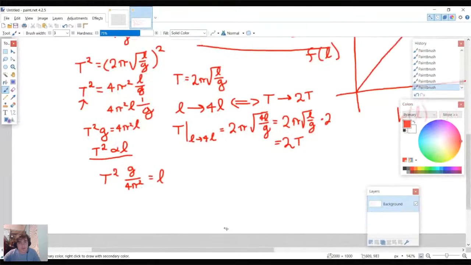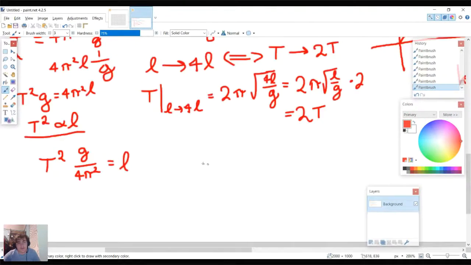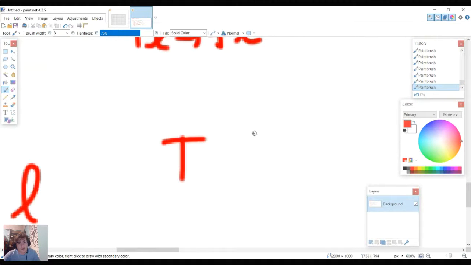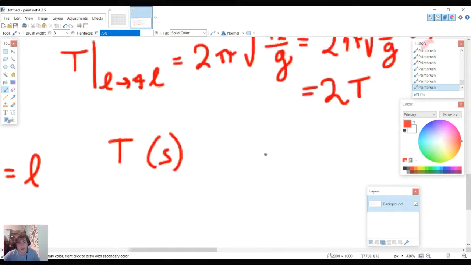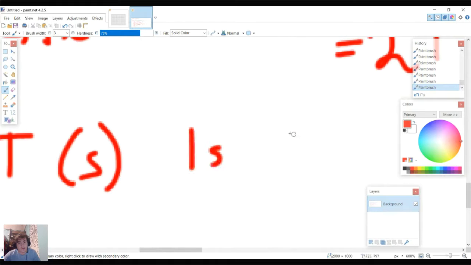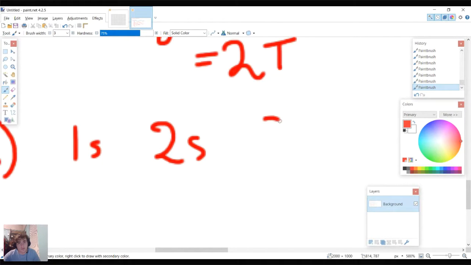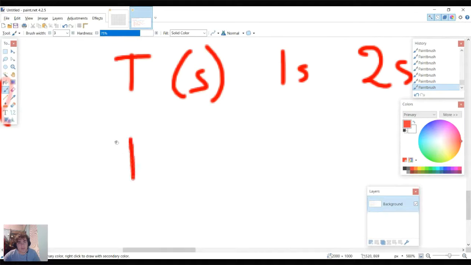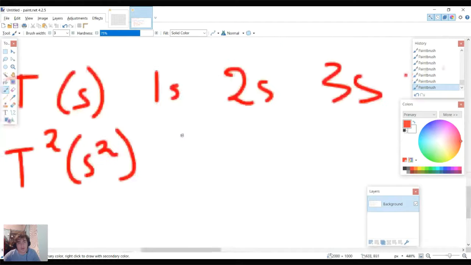We can measure L, we measure t. So we have some set of t's. Let's say it's like 1 second, 2 seconds, 3 seconds, and so on. We have to square that entire set, and that becomes seconds squared instead of seconds. So that becomes 1 second squared, 4 second squared, and 9 second squared.